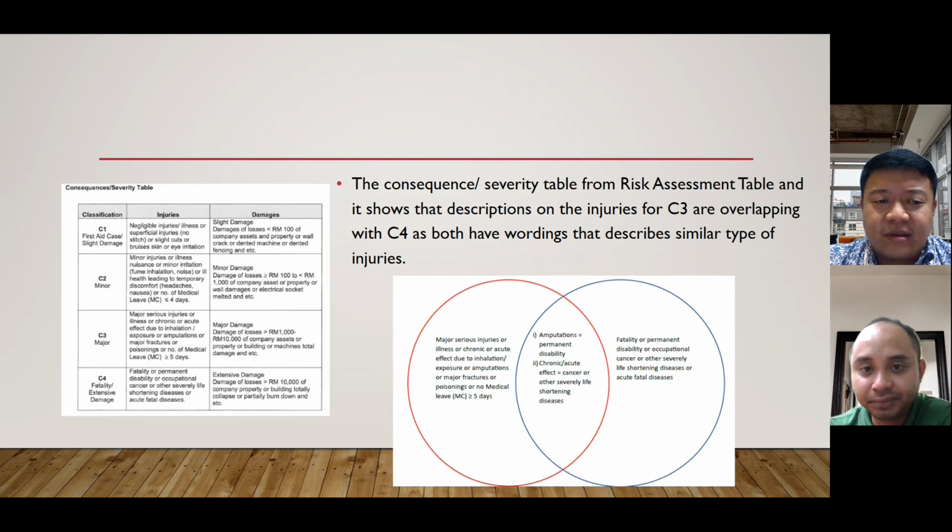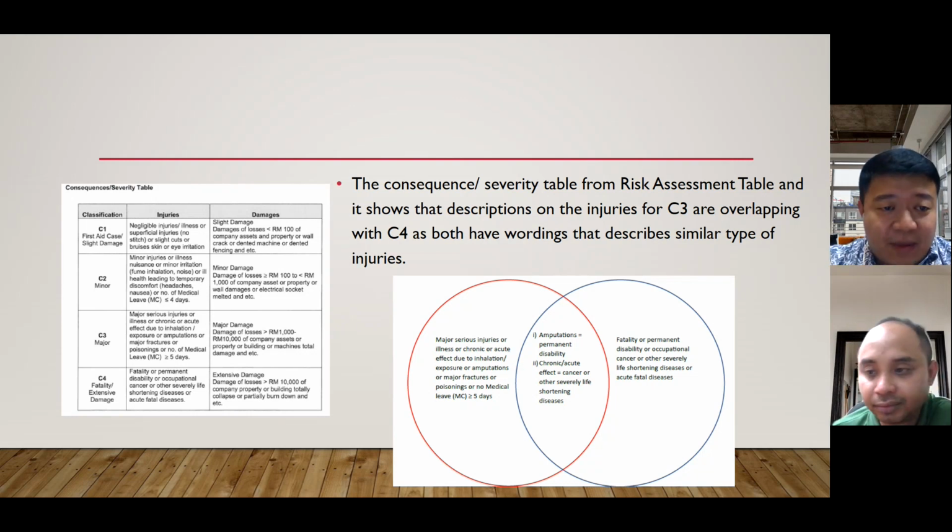So you can take the meaning of permanent disability from C4 and amputations from C3 as the same meaning, because basically when you undergo amputations, you are a disabled person already. Although, for example, if you lose a few of your fingers, you are considered a permanent disability.